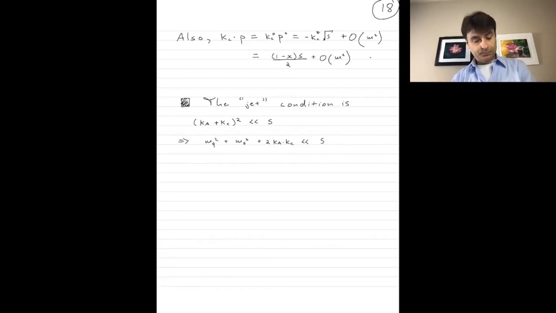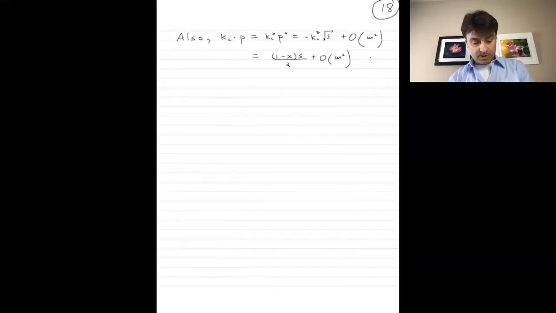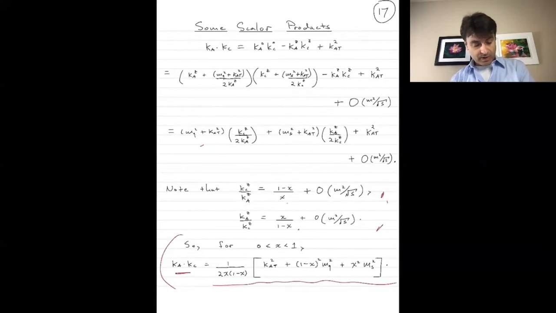So just expanding out (Ka plus Kc) squared, we've got masses, those are going to be fixed, so they're not going to be large. We have 2 Ka dot Kc. On the previous page, we've got the expression for Ka dot Kc.